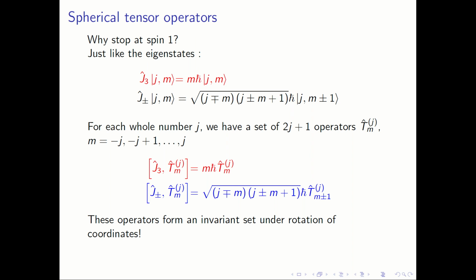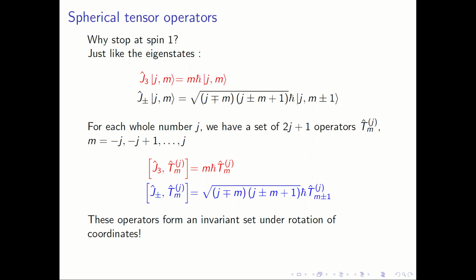And for finite rotations, you just build them up out of small rotations. So they form a linear combination of T^j_m. This is why they are so important. When you rotate, they just mix among each other. And they form an irreducible set. There are no smaller subspaces which mix among each other under all rotations.